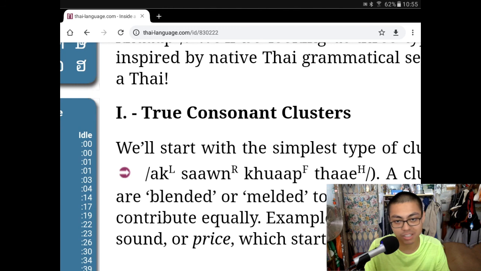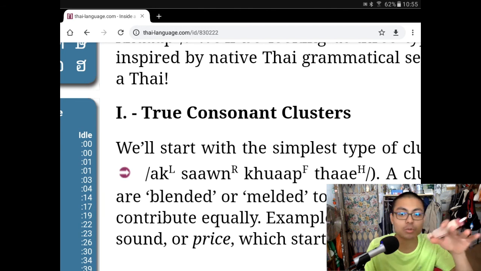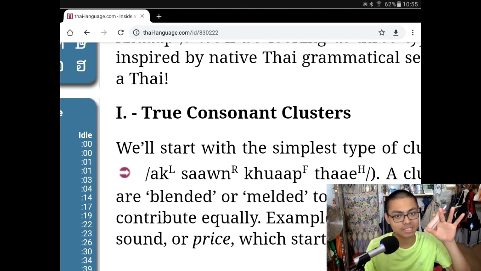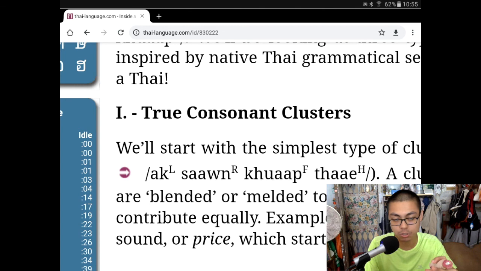But it doesn't really matter which name you use, because in real life we don't care unless you're studying linguistics, and then that is when you need to pay attention to the terms. But in general, we don't need to care.